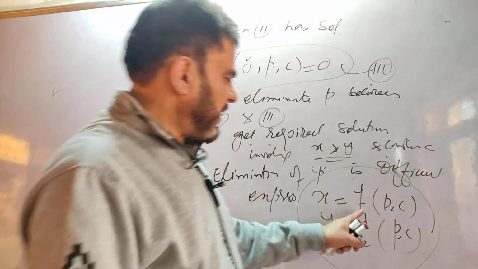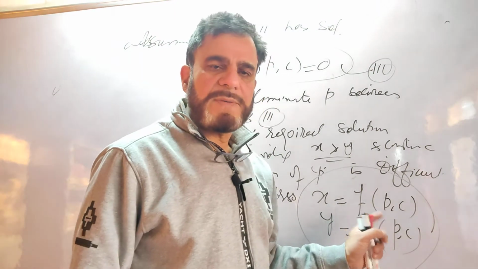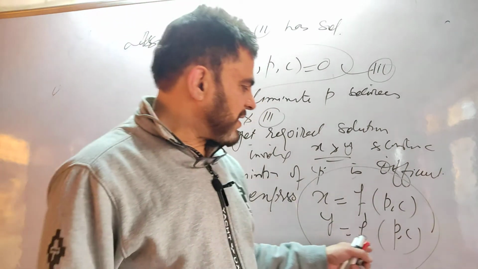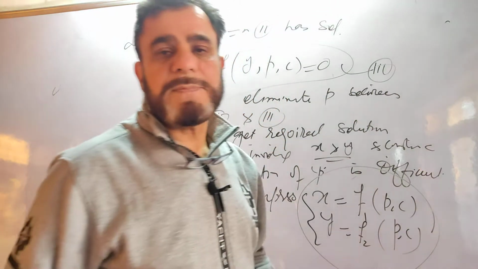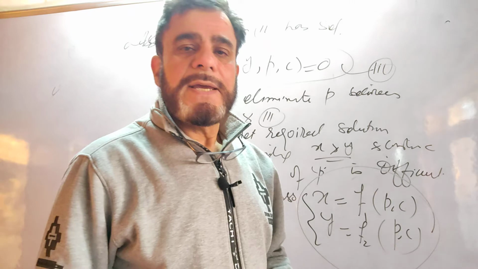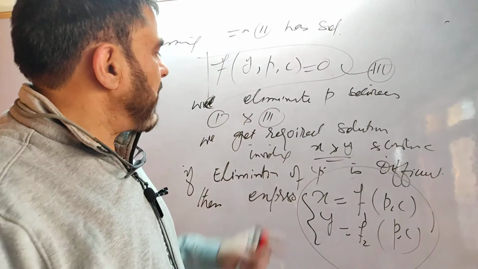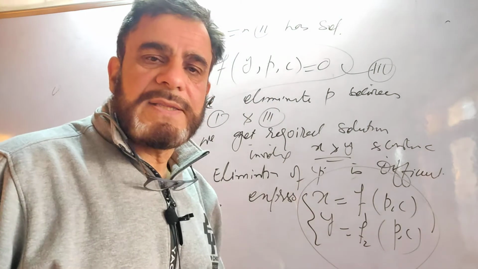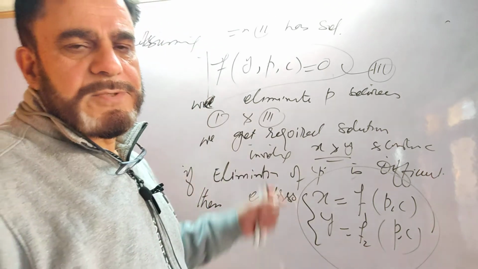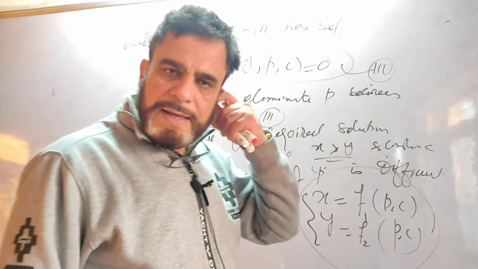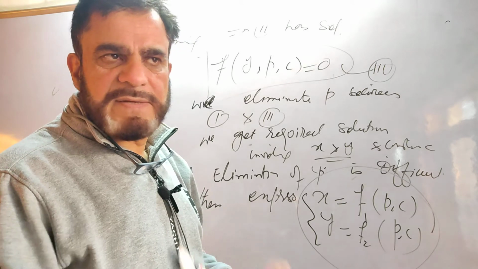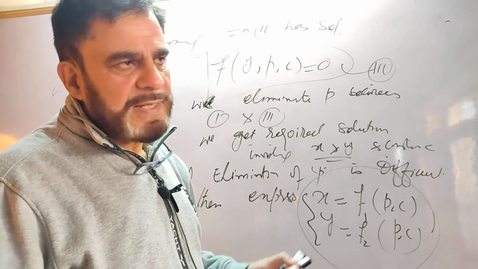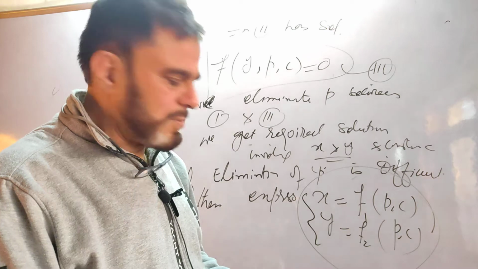This will be the function f1 for x involving p and c, and y also is some function involving p and c, and these together will be the solution of the given equation. That is in case it is not possible to eliminate p between the given equation and the solution that we have got. But if you can easily eliminate p between the given equation and the solution set, then that will be the required solution.